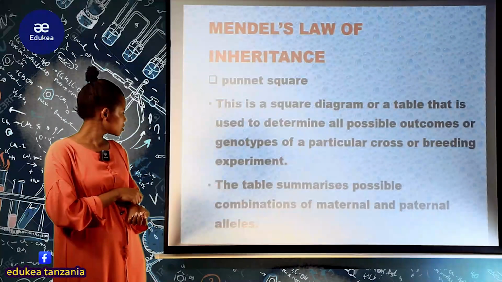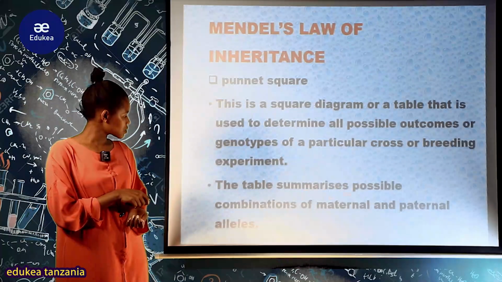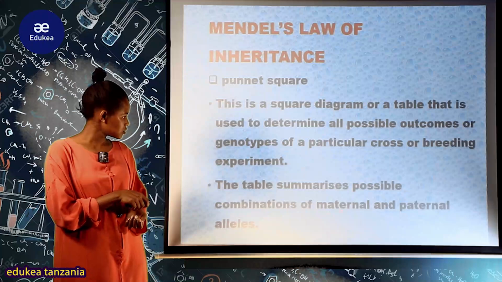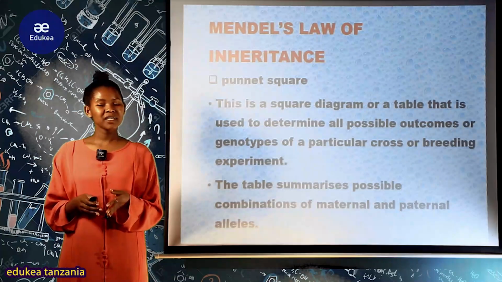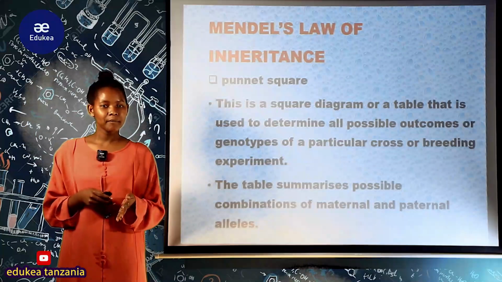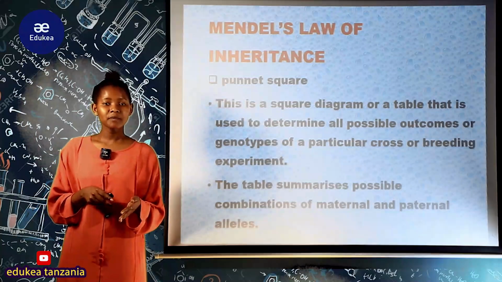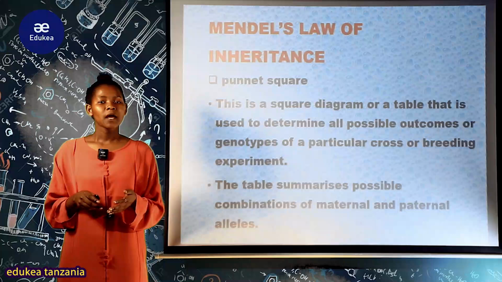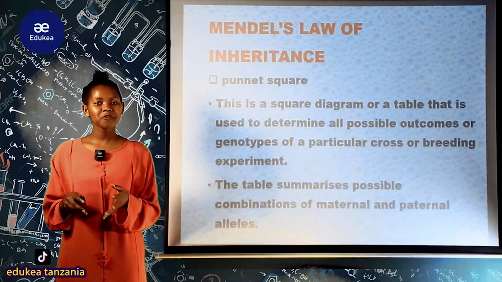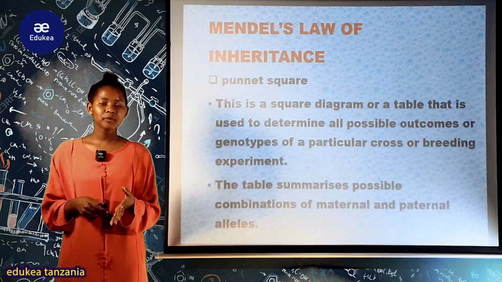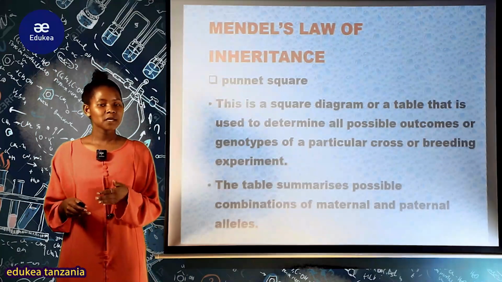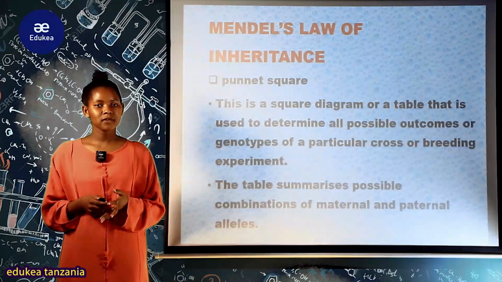Or again, the table summarizes possible combinations of maternal and paternal alleles. In the table, kuna side ya mama au male parent na father parent, ambako hapa tunaenda kuangalia combination of their genes on forming their offspring, na tunaangalia possible genotypes ambazo zitakuwa formed from the combination of their genes.